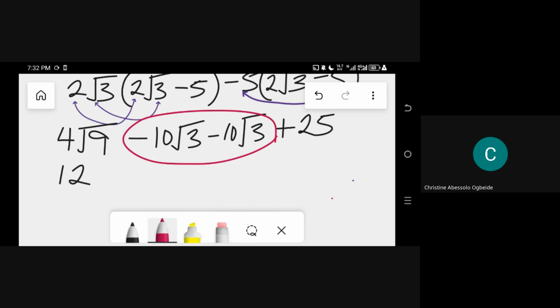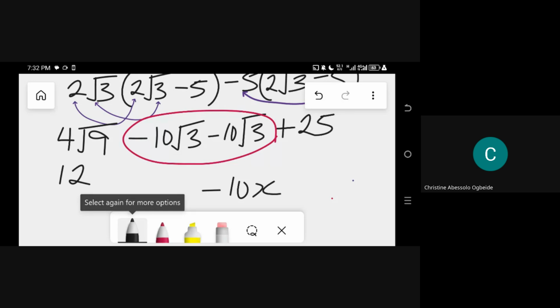Remember when we're dealing with addition and subtraction of roots. If root 3 stands for s, this is like saying minus 10s minus 10s, and of course that would give us minus 20s.